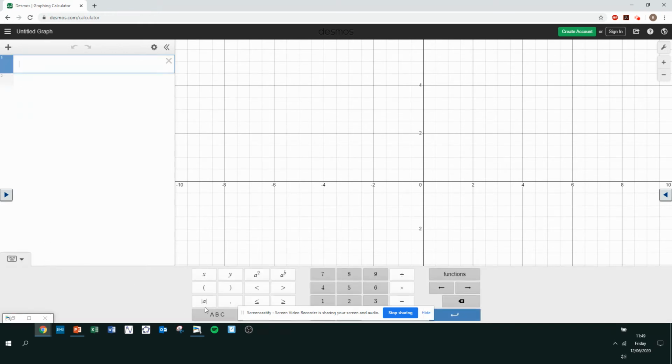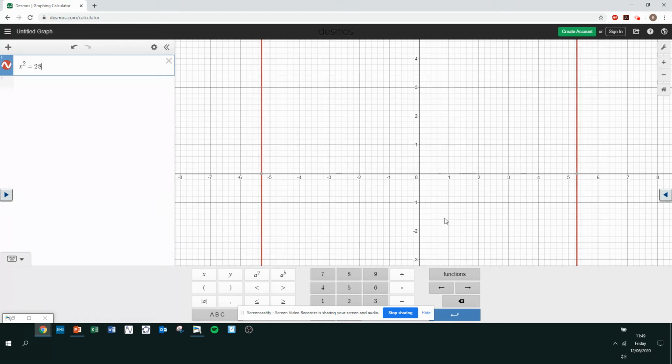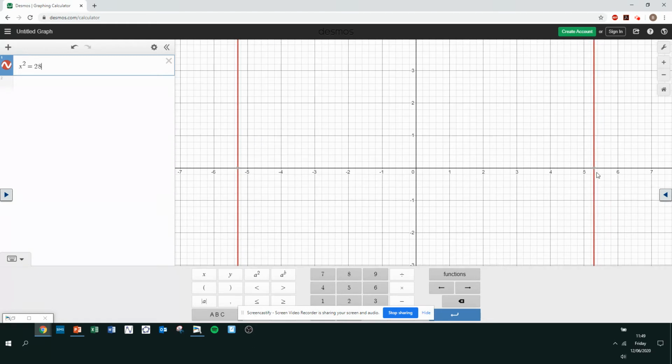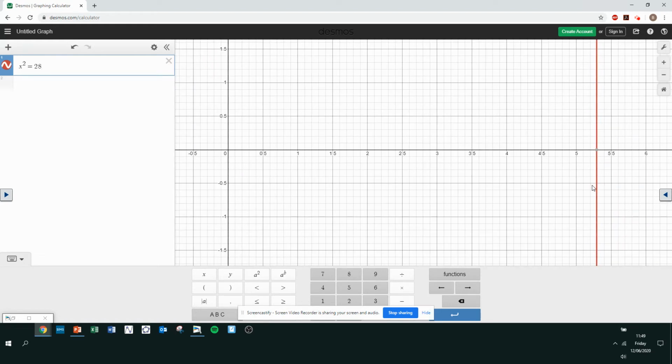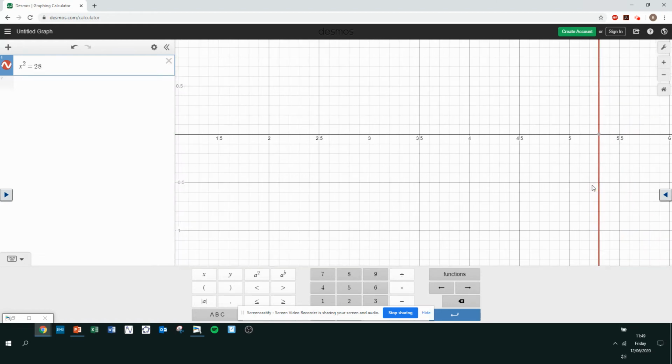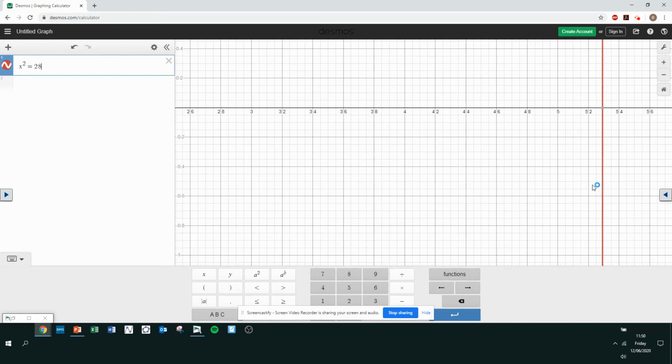So we've got x squared equals 28. And it's giving you two solutions. Here we've got a positive, and we want it to one decimal place, so we can slide it in. 5.2, 5.3.